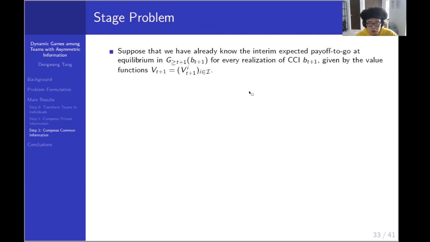Then the coordinators need to choose some strategies at time t, given that they already know what the equilibrium is from t plus 1 going on. This is like in a POMDP where you already solved the subproblem from t plus 1 on, and then at the stage t, you solve a stage optimization problem.